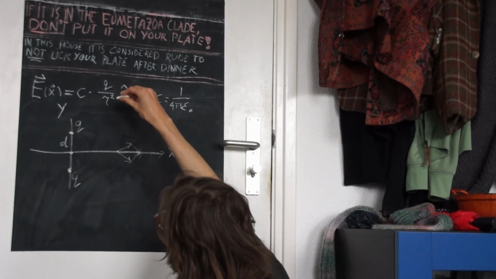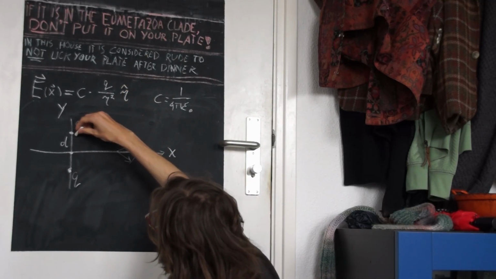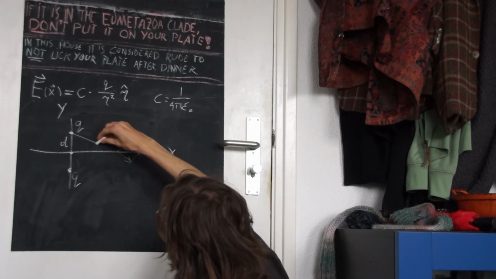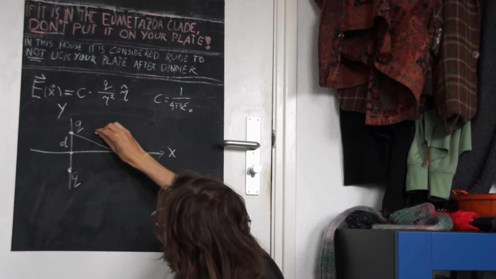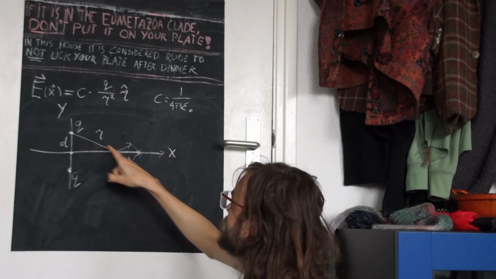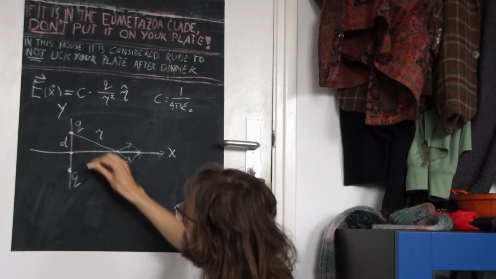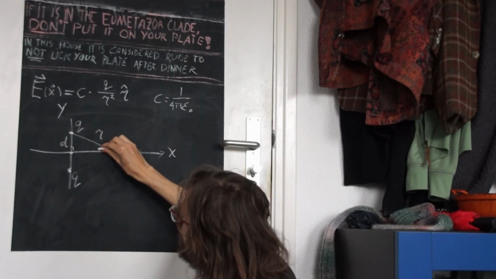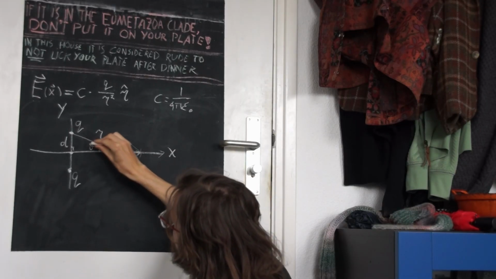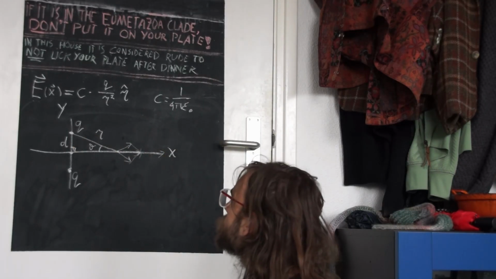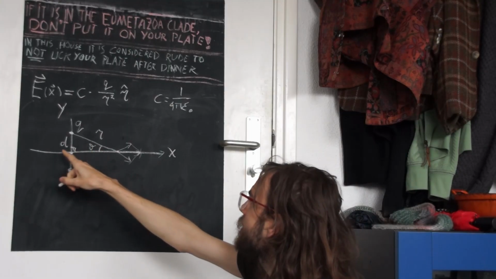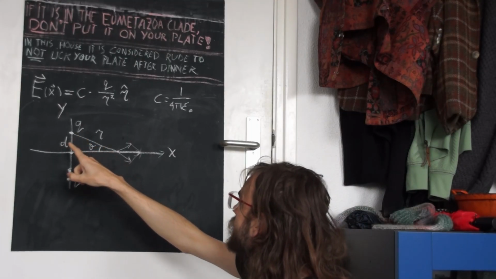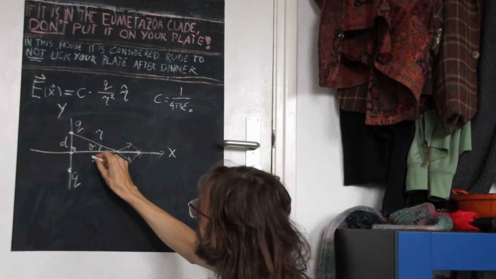And to do that, we can, of course, make a little triangle again. We do that here. So this is going to be r, our distance. And this is a right angle, and let's call this angle theta. Then we know, of course, that the arctangent of theta is d over x. This is going to be our x.